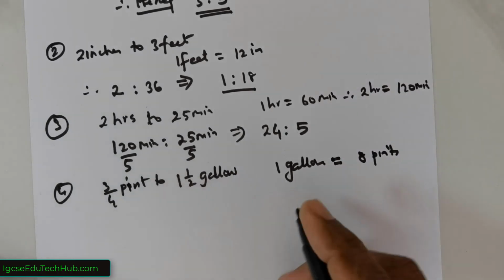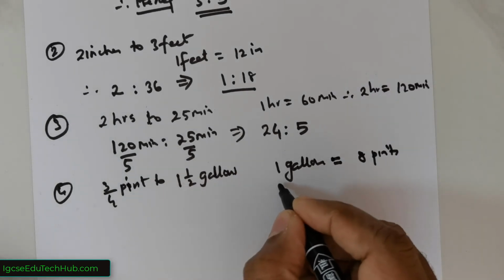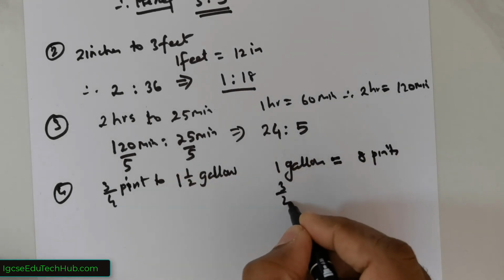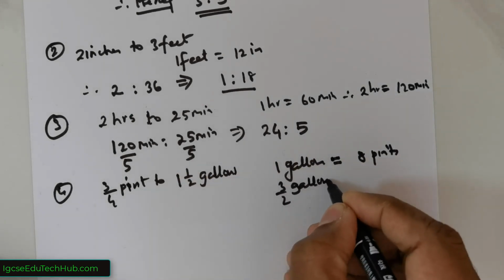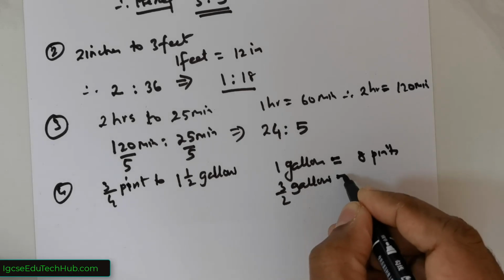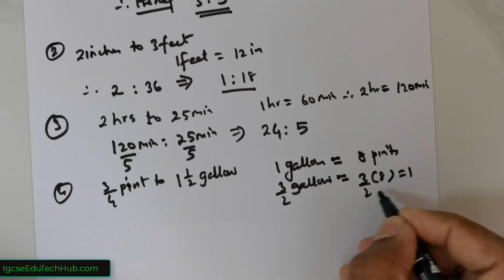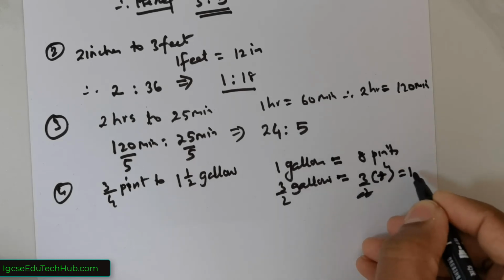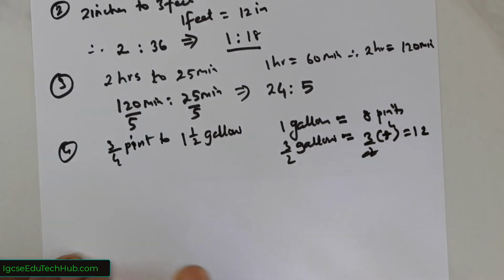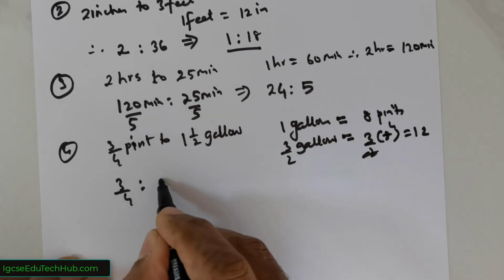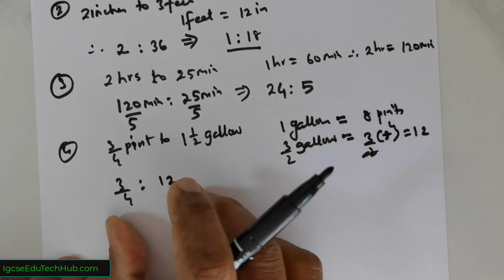Now we have 1 and 1/2, which is 3/2 gallons. 3/2 gallons is equal to 3/2 multiplied by 8. 2 divides 8 four times, and 4 times 3 is 12. So 3/4 pint to 12 pints. This is what we have got.